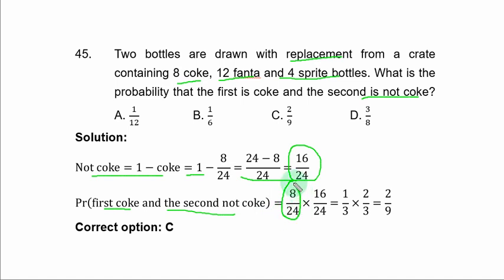Because you are drawing with replacement, the total is not affected. Then not Coke is 16 over 24. If you reduce this term, you have 1 over 3. You reduce this term, you have 2 over 3. When you multiply, you have 2 over 9. C is the correct option.